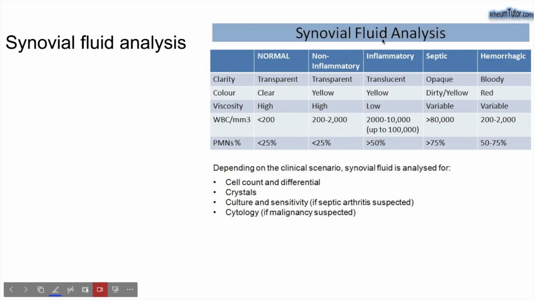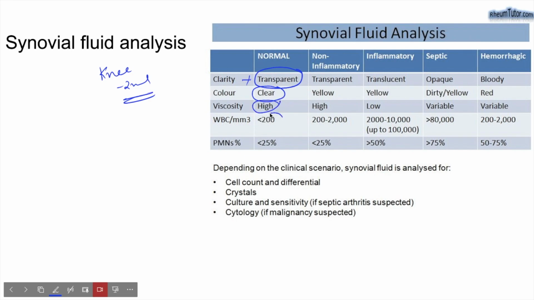Coming to synovial fluid analysis. When you aspirate synovial fluid in a normal knee, it only has about 2 milliliters. It is completely transparent, there is no color, it is very clear. Viscosity is high.